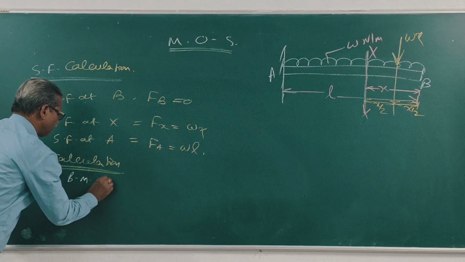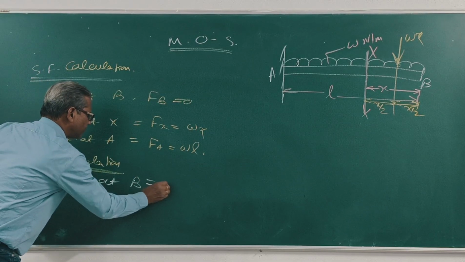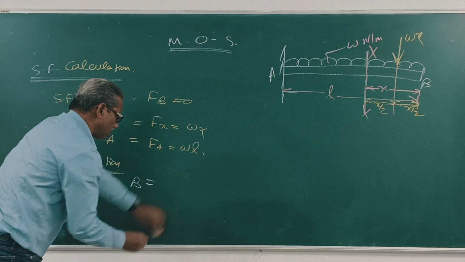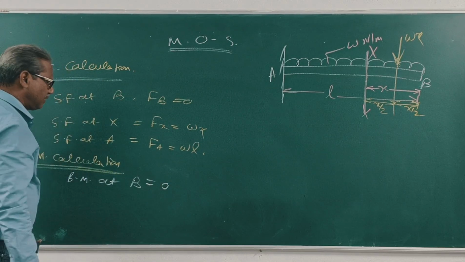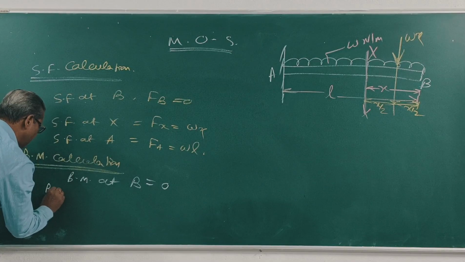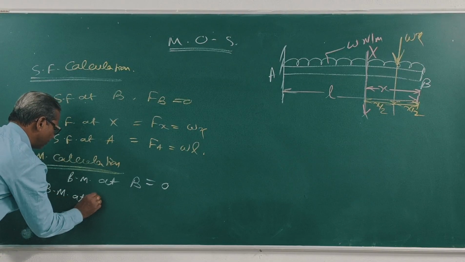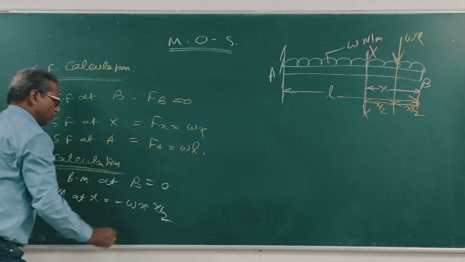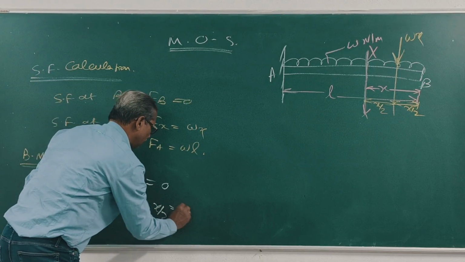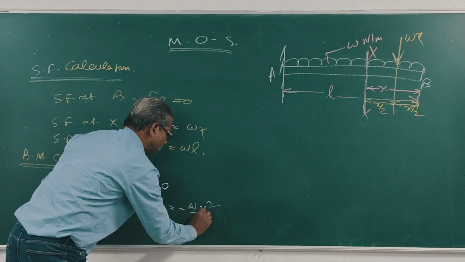At B, bending moment is 0. At x, bending moment at x is minus w x into x by 2, that is minus w x square by 2.